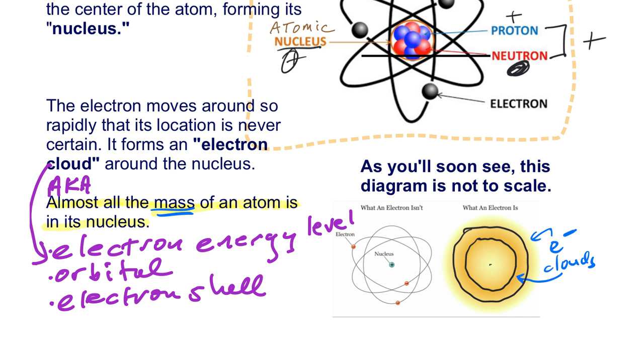Okay, so again, almost all the mass of an atom is in its nucleus because electrons weigh so much less than a proton or neutron. There's different names for electron clouds. They can be called electron shells. They can be called orbitals because they're orbiting around the nucleus, or they can be called energy levels.